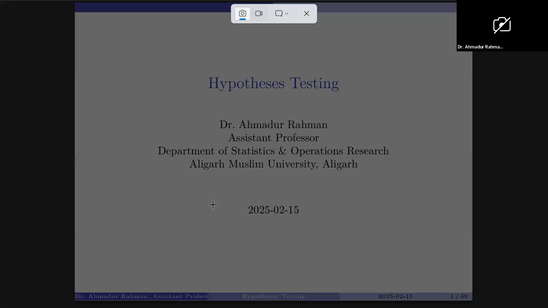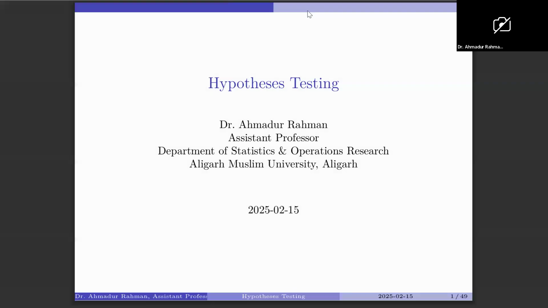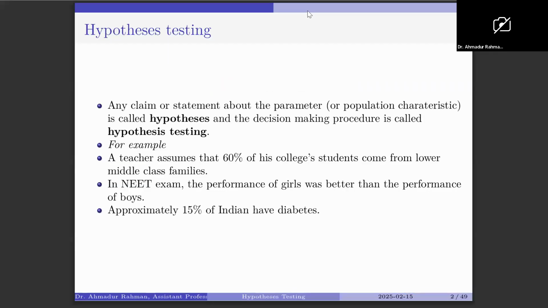First thing, what is a hypothesis? A hypothesis means any claim or statement made about any population or any particular thing. And if we are using some statistical procedure, it is called statistical hypothesis testing.